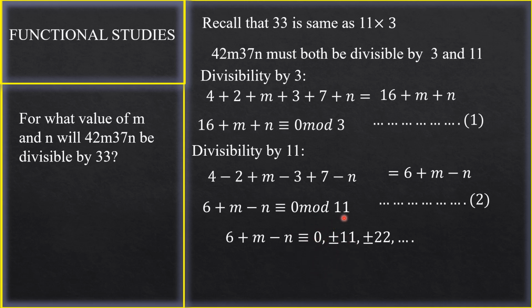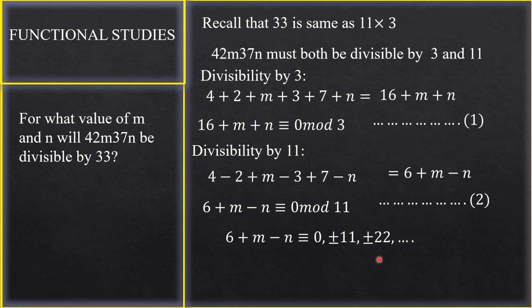So what are the multiples of 11? We have 11, both the positive and the negative. Remember, the multiples of a number are those numbers that we obtain when we multiply by any other number. So when I multiply 11 by 2, I have 22. You can multiply by negative 2 and you have negative 22.